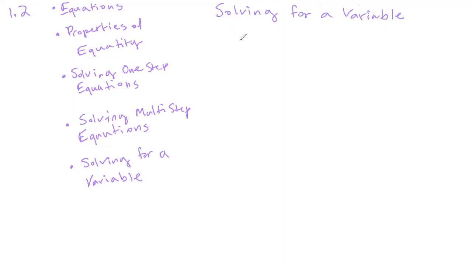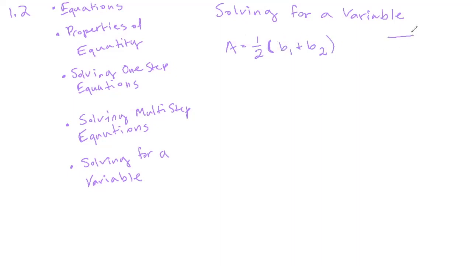Okay, so in the first section, we talked about formulas. And in geometry, which most of you took last year, you had a whole bunch of formulas that you had to memorize. One of them was the formula for a trapezoid, which is area equals 1/2 base 1 plus base 2, times the height.